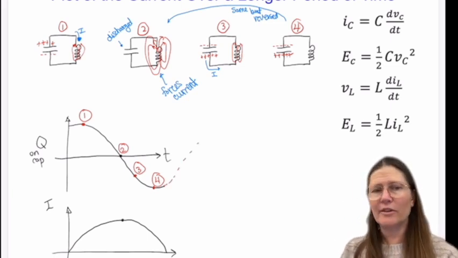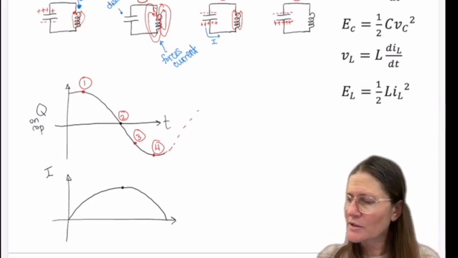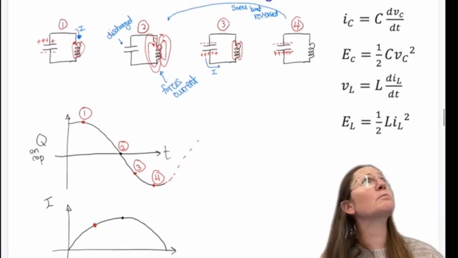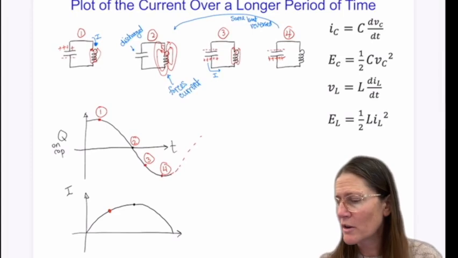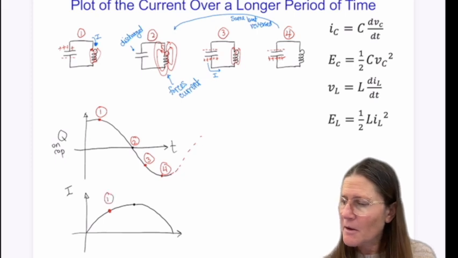On this oscillation, for the current flow, the current starts off as positive, meaning it goes in the direction that the blue arrow is first, at 1.